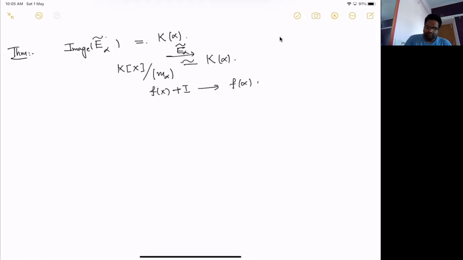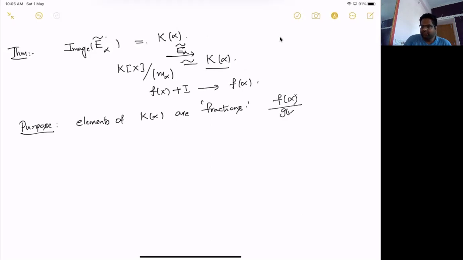So what is the purpose of this theorem? Well, the elements of K of alpha are fractions, whatever that means. So they are of the form f of alpha over g of alpha. But elements of the ring K[X] mod M are given in terms of polynomials.